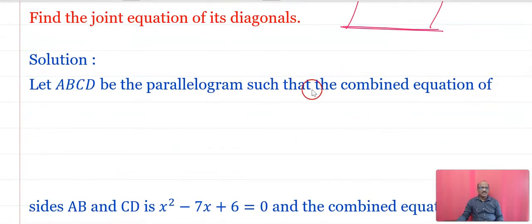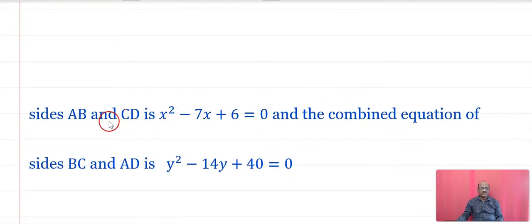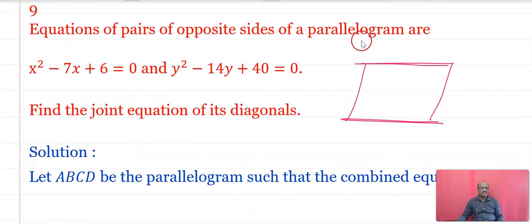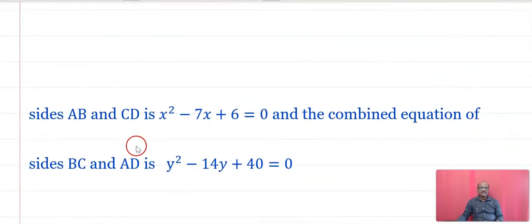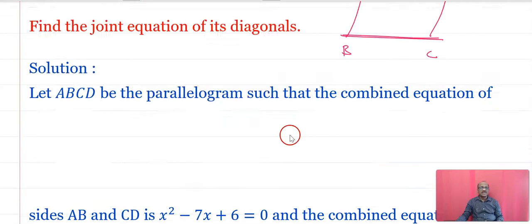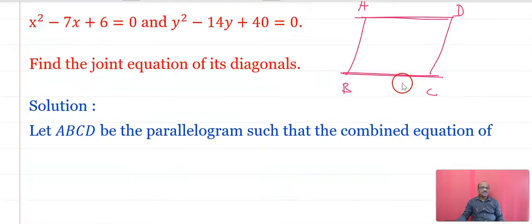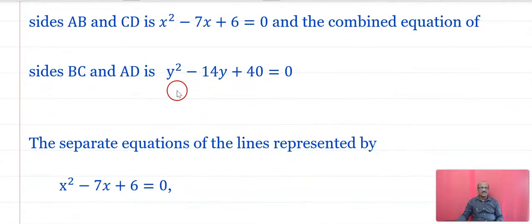Now let ABCD be the parallelogram such that the combined equation of AB and CD is x square minus 7x plus 6, and the combined equation of BC and AD is y square minus 14y plus 40 is equal to 0.